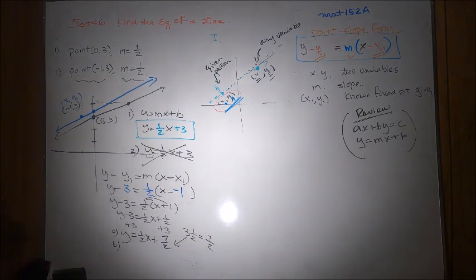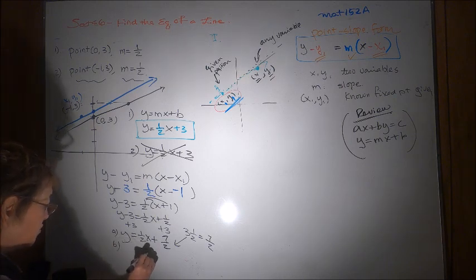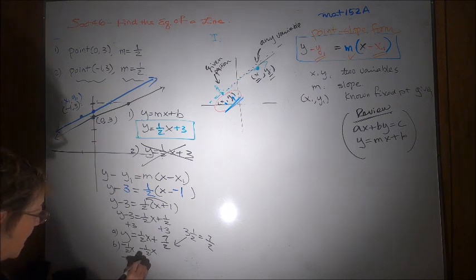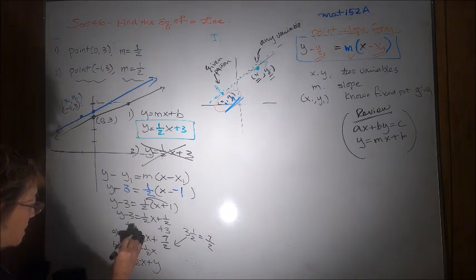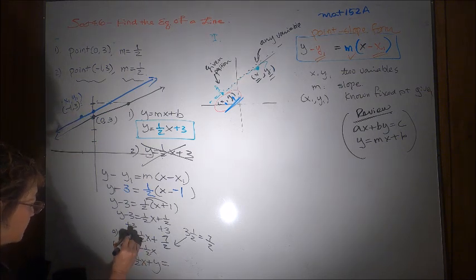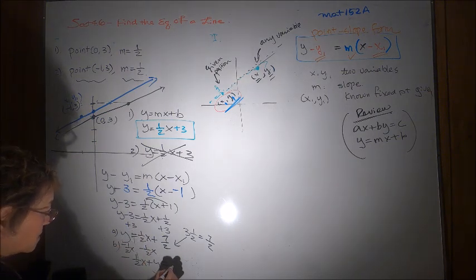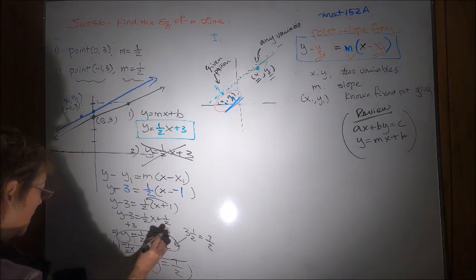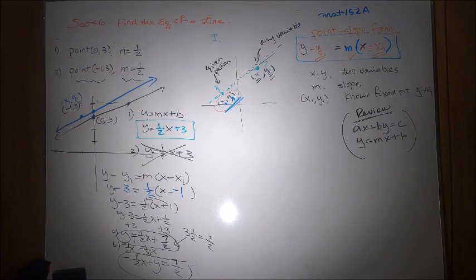You have to put x and y on the same side of the equal sign. So you do that. Right? So you will have what? Negative half x plus y equals 7/2. So you have 2 ways to write your answer.